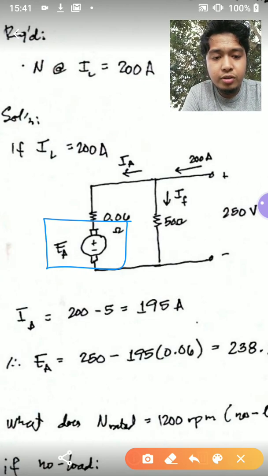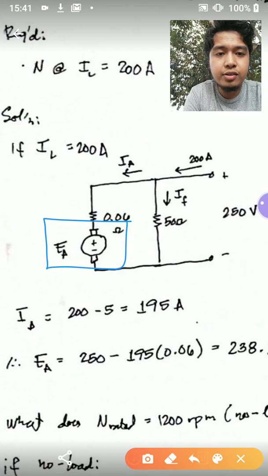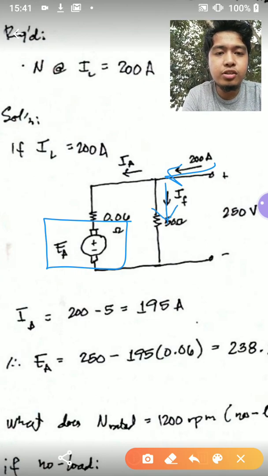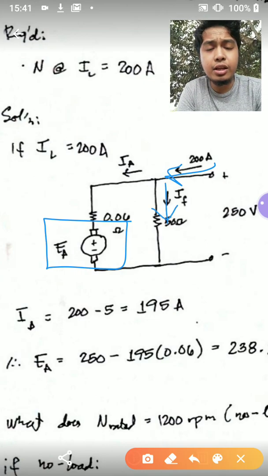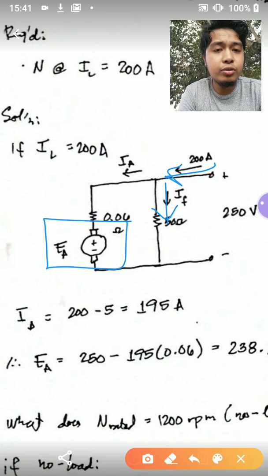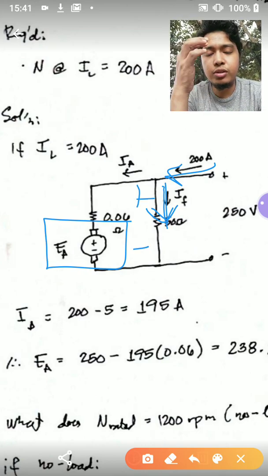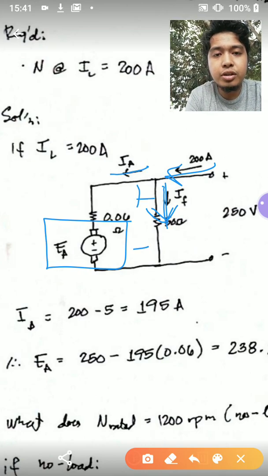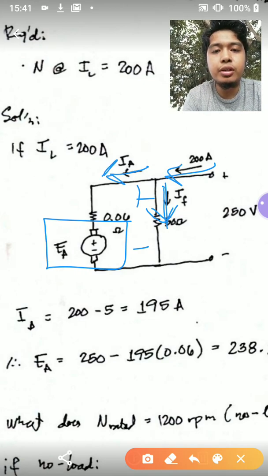The direction of the current is that you have this 200 amperes going into the machine, the field current in the shunt field going down from positive to negative, because the voltage here would be positive here, negative here, and the armature current is going into the armature.